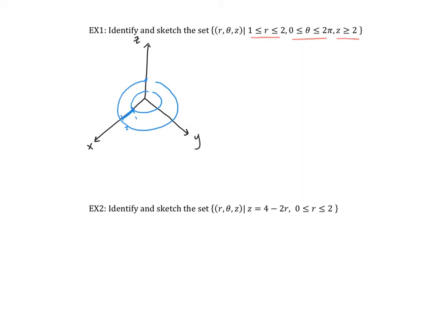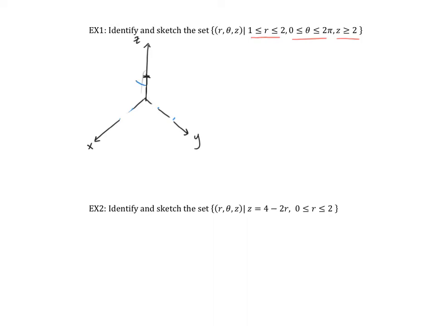Let me go ahead and erase all this blue stuff. Since we're starting at z equal to 2, I'm going to go up to 2 for my z value. And then my r values are going to go from 1 to 2.